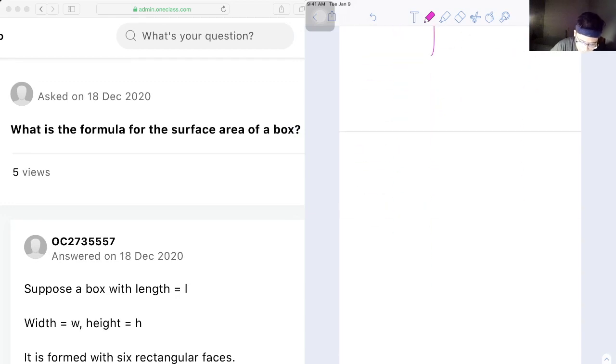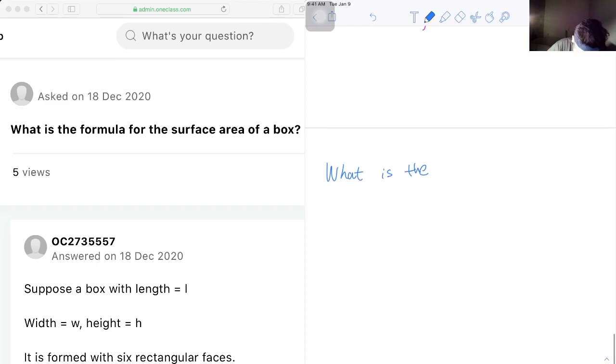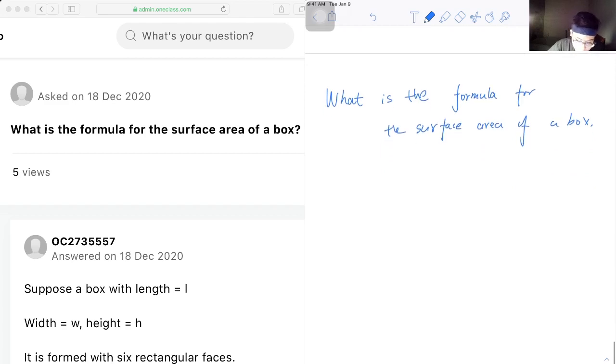All right. So next question is asking us, what is the formula for the surface area of a box? So first let's draw a box.